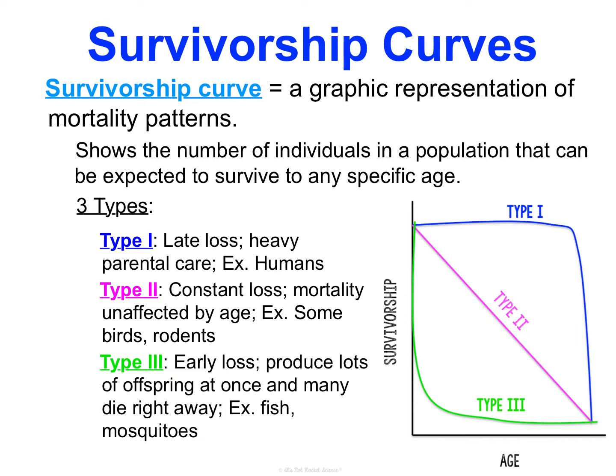Squids are a good example of this. They have lots of offspring in the ocean, but a lot of them end up as food. And then a few individuals, as they continue to age, survive to produce a lot of individuals. So they have an early, large loss, and they produce a lot of offspring, but many of them die right away, and few of them survive to be reproductive adults.